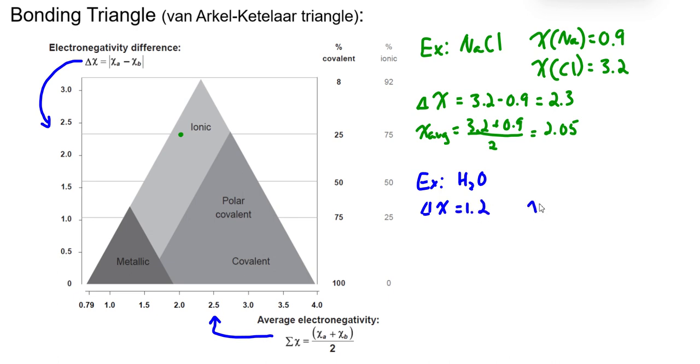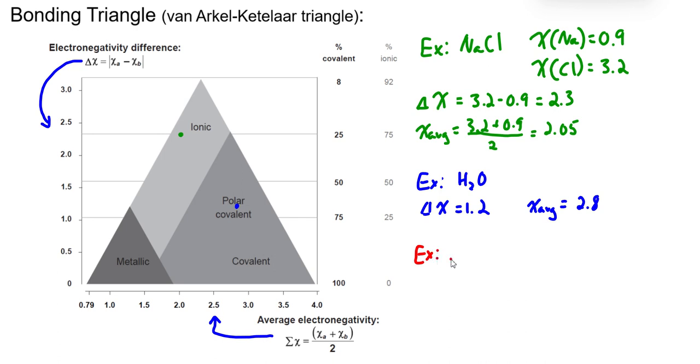And for the average here, we get a value of 2.8. So the average is along here, 2.8, right about here somewhere, and it goes up to 1.2. So we are more or less right in here. There's your water.